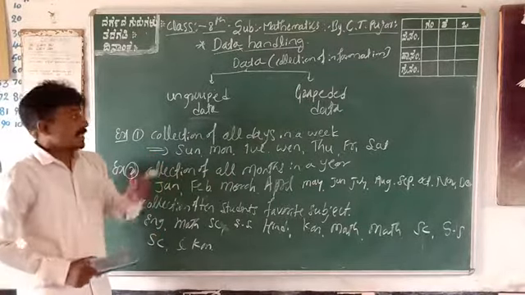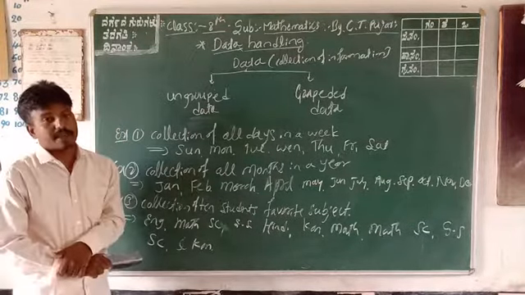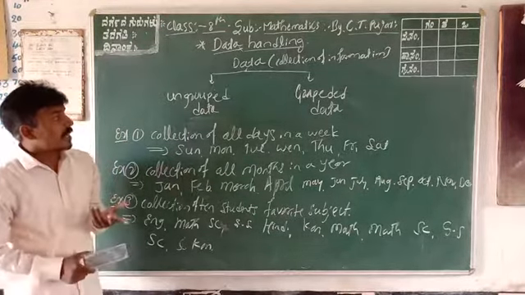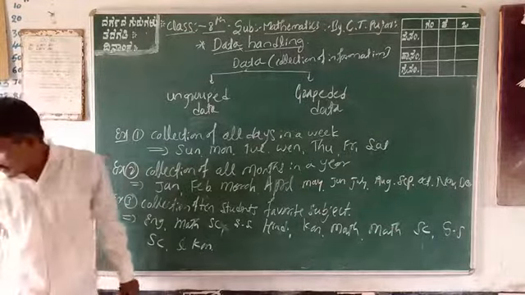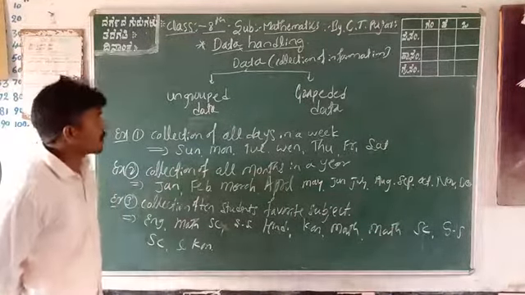Dear students, ungrouped data can be written in a frequency distribution table. How do we write the frequency distribution? What is a frequency distribution table?